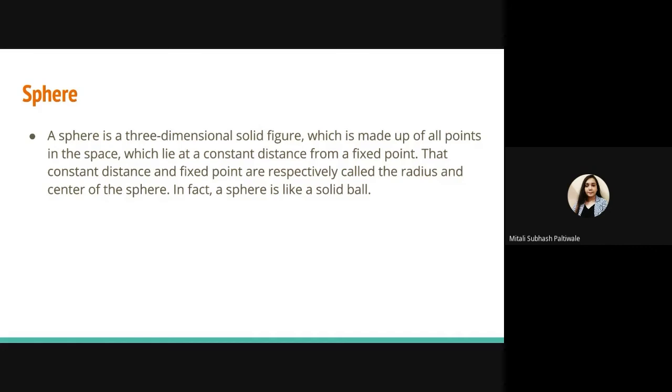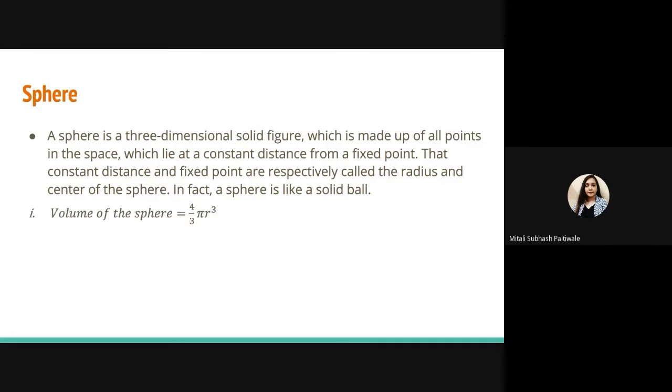The constant distance and the fixed point are respectively called the radius and the center of the sphere. A sphere is like a solid ball, as I was telling you, like the smallest balls which the mechanic used in bicycles.